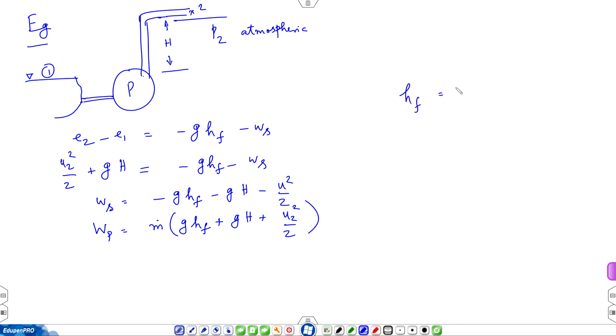But in general hf, the losses, will depend on certainly the properties, length of the tube, diameter of the tube and velocity. Right? We said velocity is 0, losses are 0.